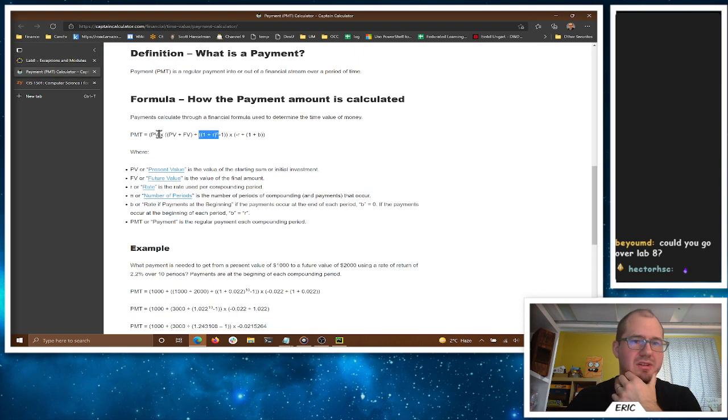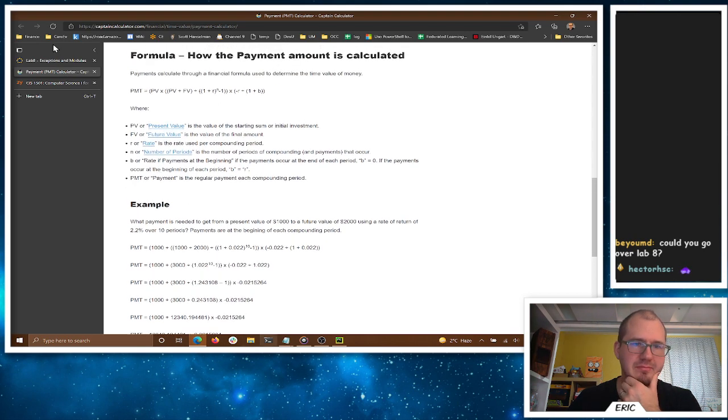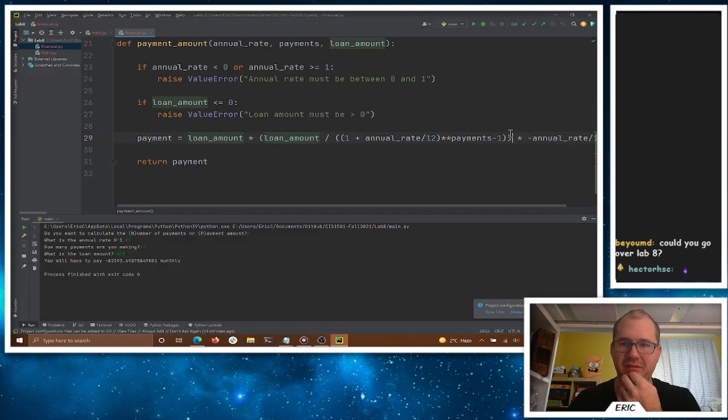Let's double check. Present value times present value plus future value divided by 1 plus the rate to the power of n minus 1. Let's make sure we plug this in right. Yeah, minus 1. Are those parentheses in the right spot? No, they're not. So one more parenthesis there.